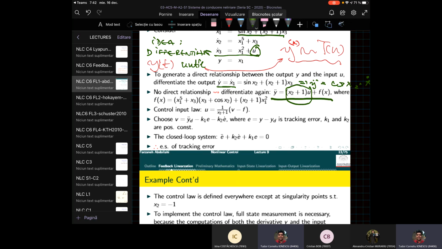Of course, if you want to achieve other goals, you can compute v. For instance, v is given by this form, where e is the error, and you do tracking, whatever. But if you pick v in this form, then the closed loop system satisfies this simple second order ODE. Is it clear the goal that we need to achieve in general?